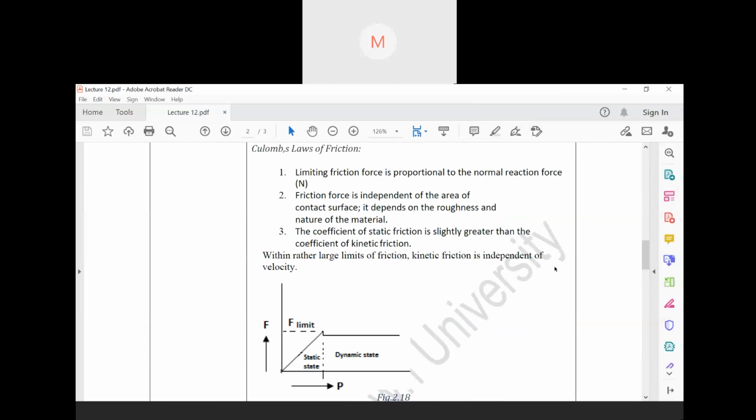So what does that law state? First of all, the limiting frictional force is proportional to the normal reaction force.